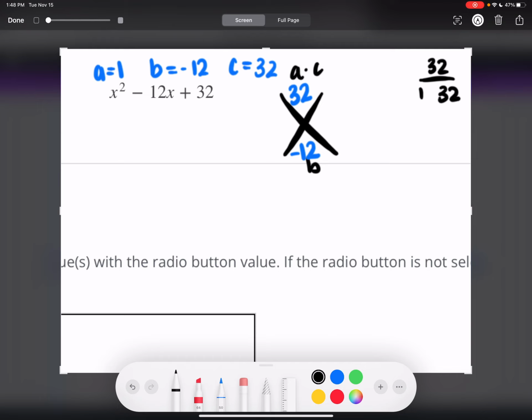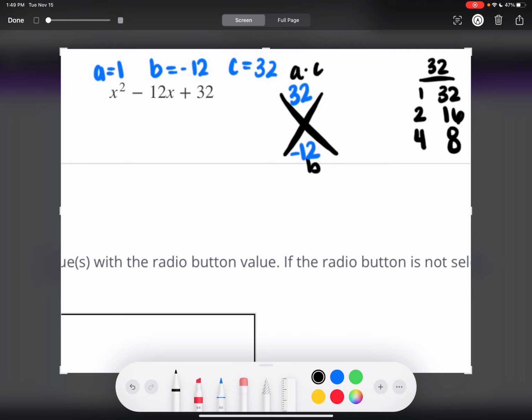And then I'm going to go to 2 and 16. And then 4 and 8. There's no 5. And then no 6. And then I'm back to repeat 8 and 4, 16 and 2.